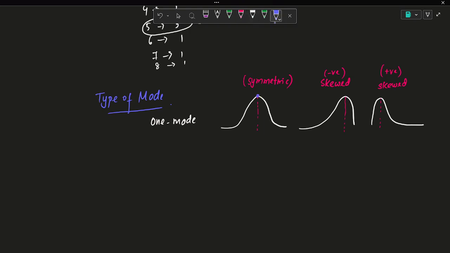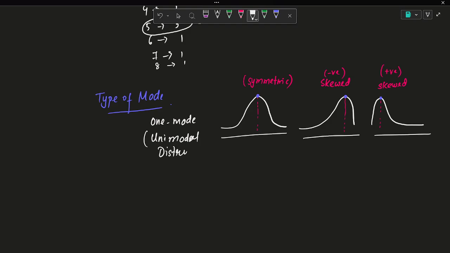All these are examples of unimodal distribution, based on the number of modes present.